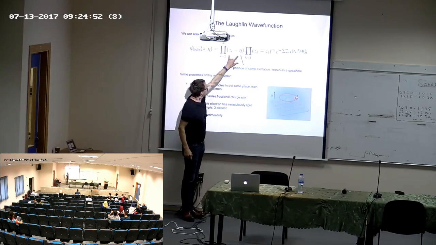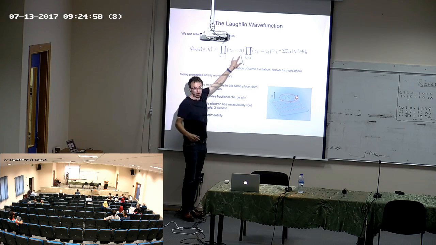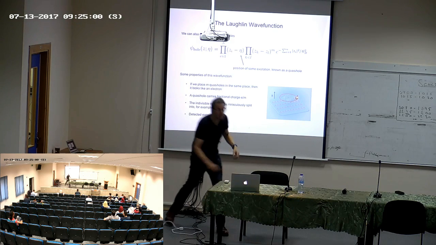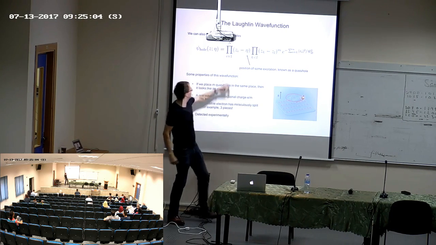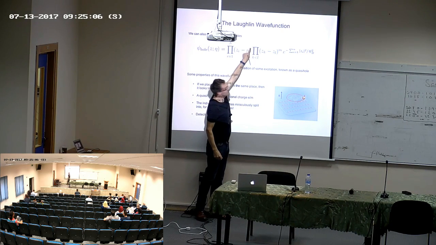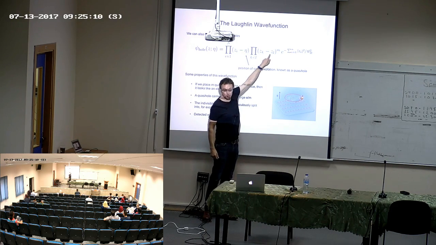Let's have a look at what's going on here. Suppose you were to put m of these excitations. So there's an excitation at position eta, and if I was to put m of them together, what I would do is I would raise this to the power m, and then this factor looks very much the same as this factor.